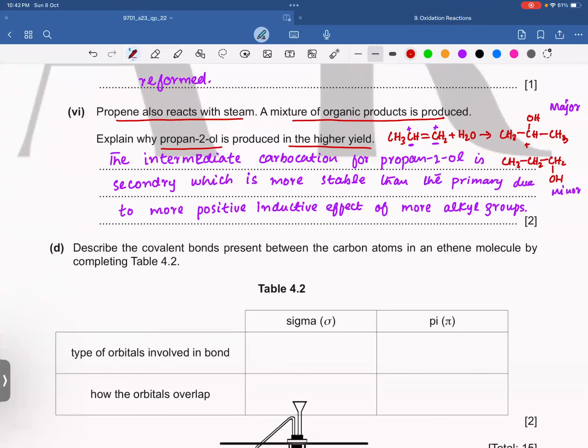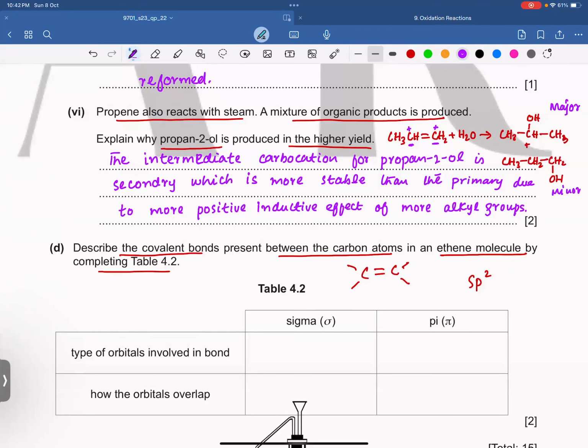Saeed, describe the covalent bonds present between carbon atoms in an ethene molecule by completing table 4.2. So in ethene, carbon has a double bond, right? So if the carbon has a double bond, it means carbon has sp2 hybridization.